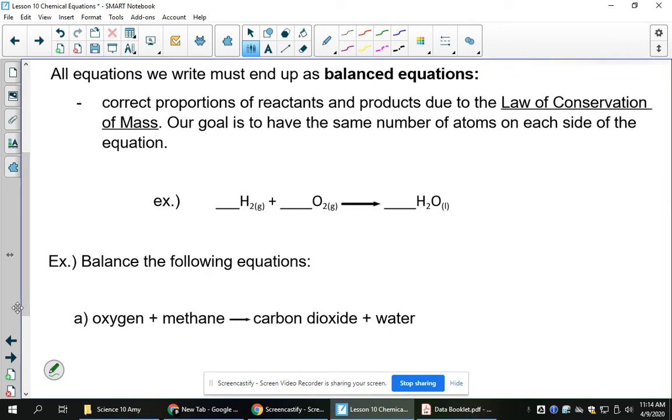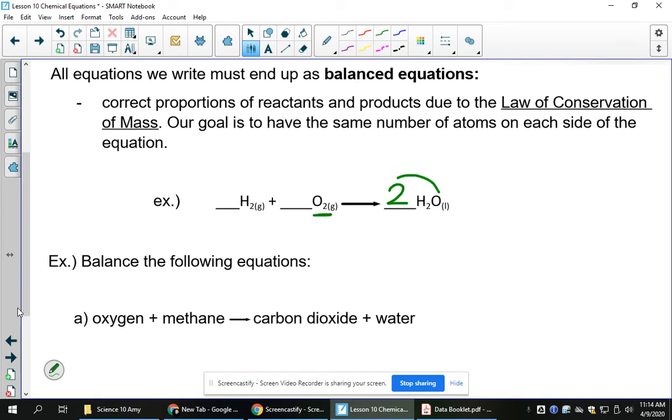So here's what we've been doing when we balance these equations. We're writing the correct proportion of reactants and products because the law of conservation of mass is known to be true. Our goal is to have the same number of atoms on each side of the equation. So here's the example we just did. We had to double the H2O so that we could have 2 oxygens.